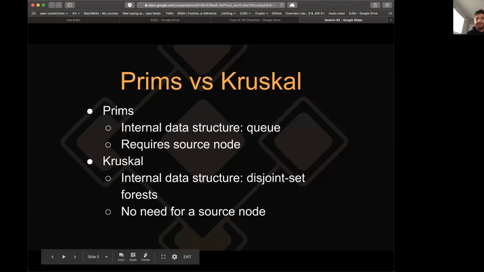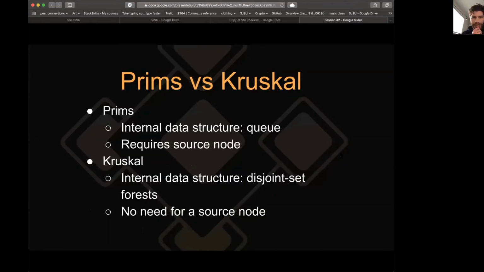So Prim's versus Kruskal. Shivanku earlier ran Prim's algorithm, and from what we saw on the visualization, it wasn't clear what internal data structure Prim's was using, but Shivanku did mention that it's a minimum priority queue.